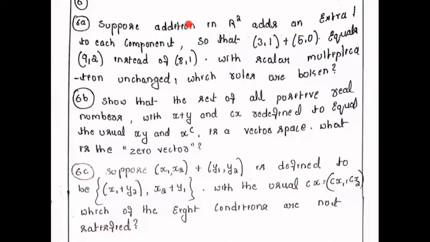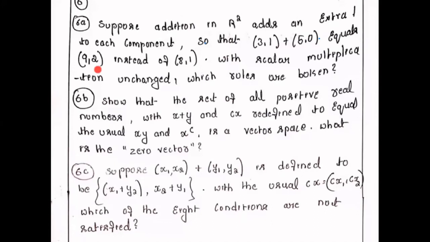So according to the definition, when you add 3 comma 1 and 5 comma 0, you get 8 comma 1, but according to the definition you add one more to both 8 and 1. When you add 1 to 8 you get 9, when you add 1 to 1 you get 2. So 3 comma 1 plus 5 comma 0 is 9 comma 2.